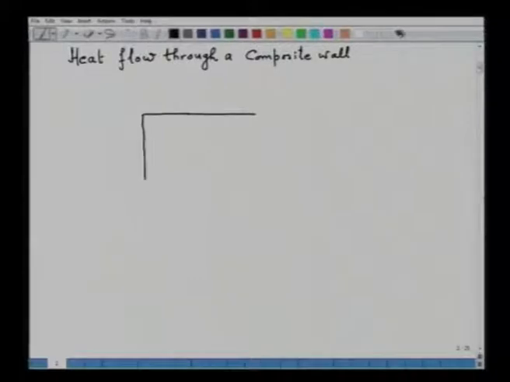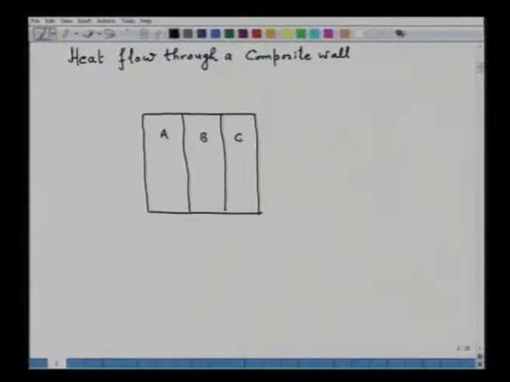I am just drawing a sketch for you. So, this composite wall is constructed having three different type of materials: material A, material B and material C. Material A has the thickness delta XA, this is thickness delta XB, and this is thickness delta XC.